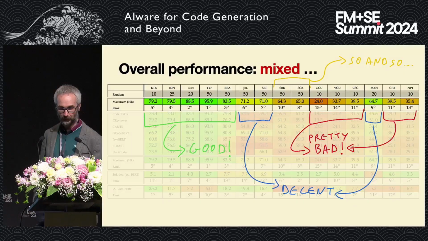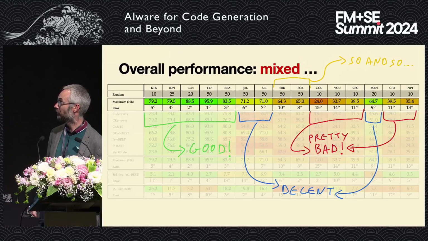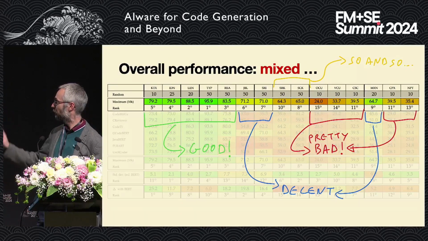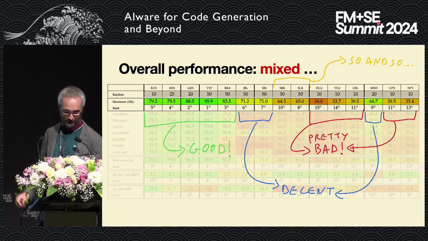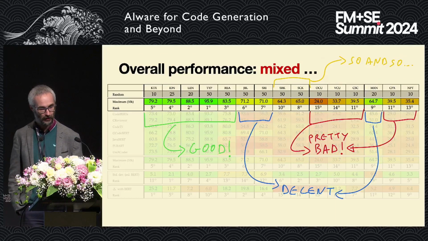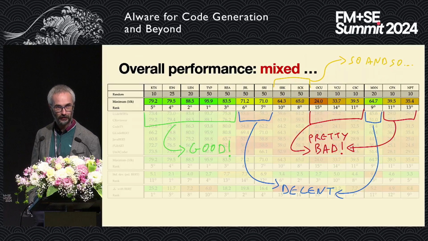And I'll go quickly, but what we see is that the performance is mixed. You have some tasks where the performance is good, some where it is decent, and some where it is really pretty bad. So some source code characteristics were not encoded successfully by the models.